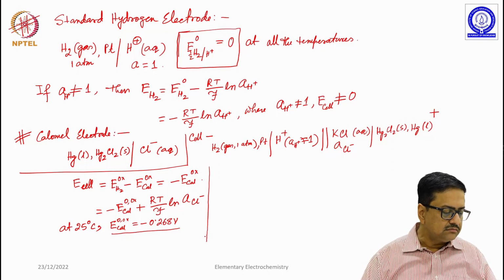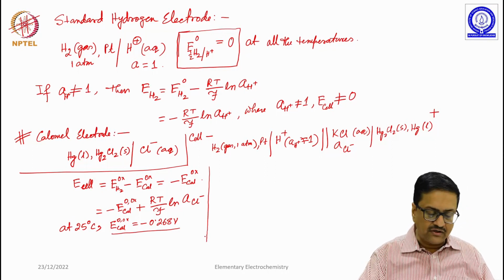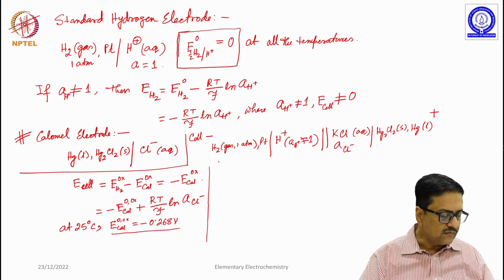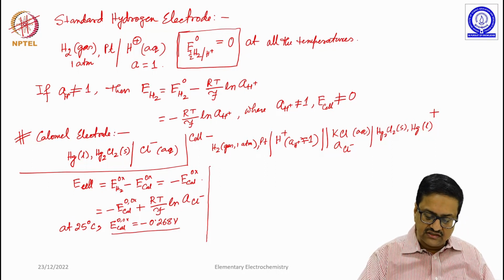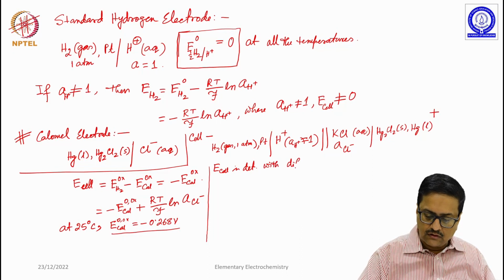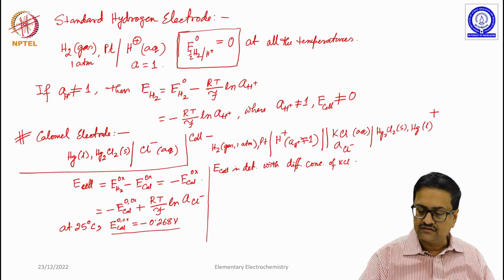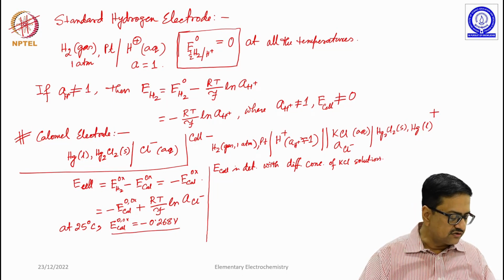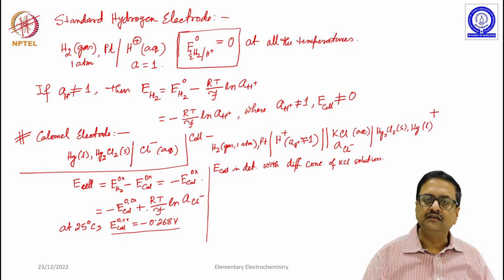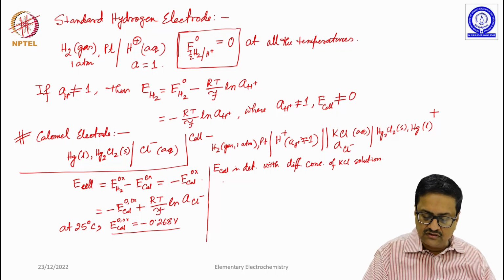What is also found is that this potential E cell is determined with different concentrations of KCl solution, and the corresponding E cell values were also determined.